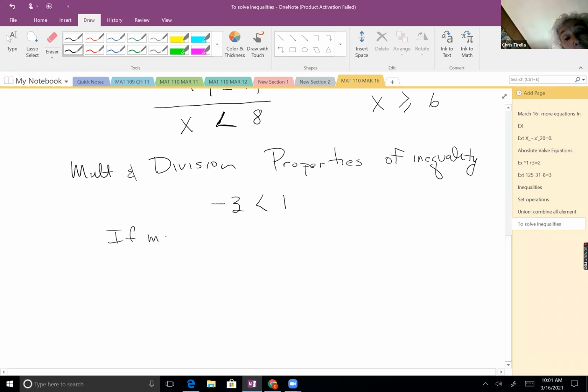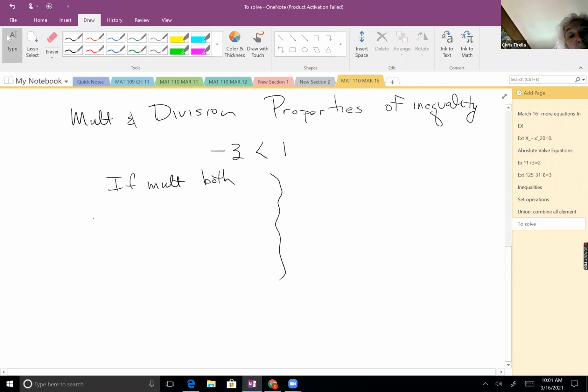If I multiply both sides, in a side-by-side comparison, by, let's say, 2, I'd have negative 3 times 2, and I'd have 1 times 2. Negative 3 times 2 is negative 6. 1 times 2 is 2, and it remains less than. Negative is smaller than positive.